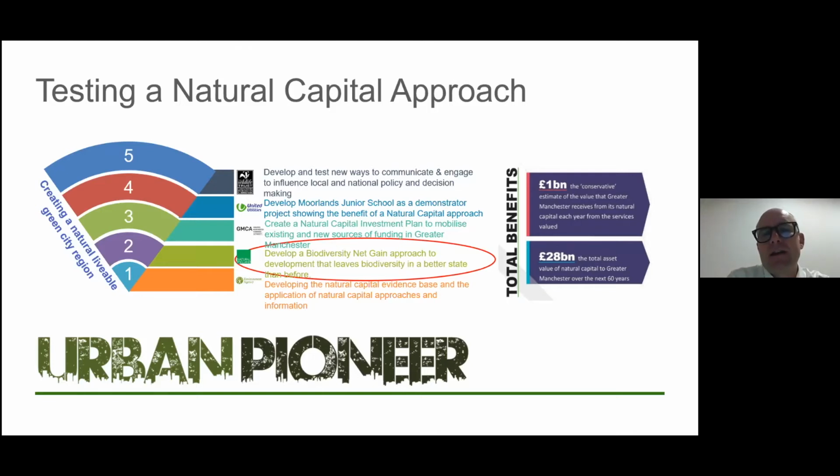We're also looking at demonstrator projects using nature-based solutions like green roofs and green walls to capture water that would normally go into our stormwater drainage. That water is captured on site, and that can be used as a financial model to reduce costs for places like schools.